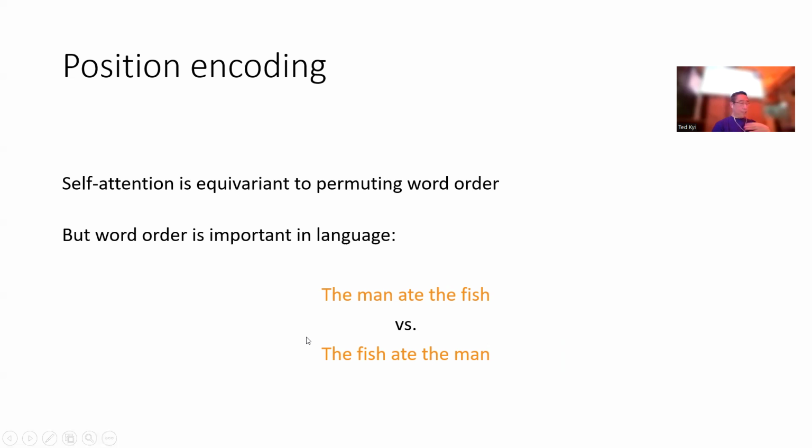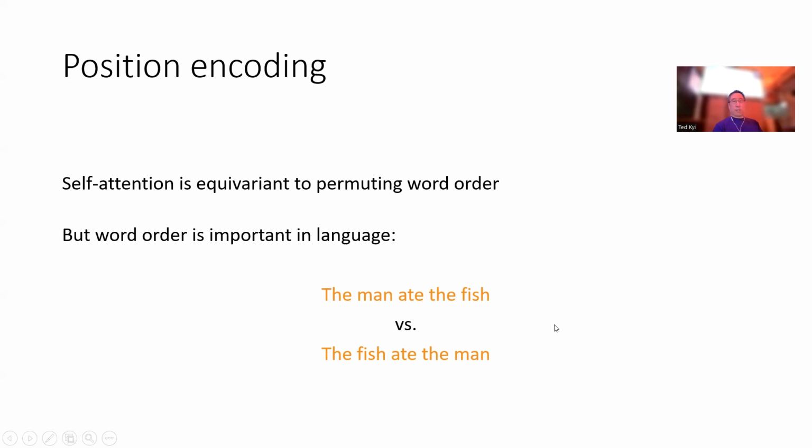The man ate the fish and the fish ate the man are two very different sentences, but they contain the exact same words. So in order to really make this work, we're not actually just passing the words in. We're passing the words plus some position information that says this was the first word, this was the second word, and so on. The next couple of slides talk a little bit about how they do it.